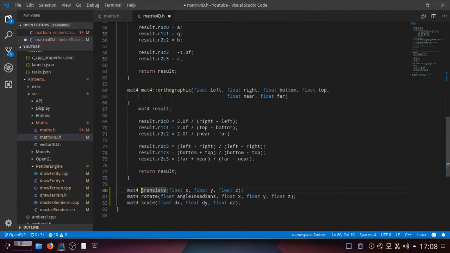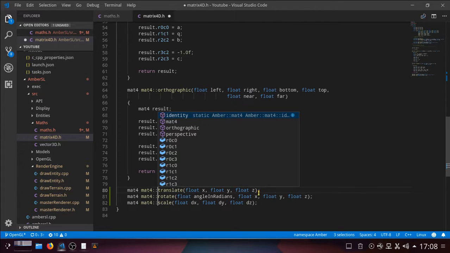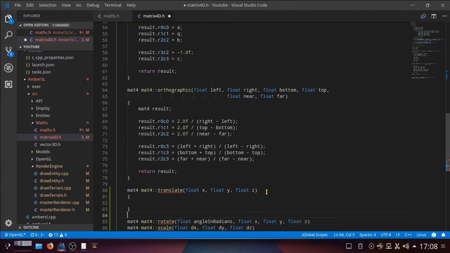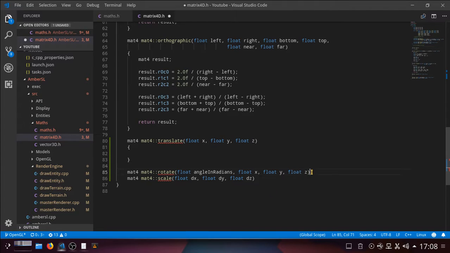And I will do it again. Shift, Alt, drag. And that will be a Mat4 colon colon translate. Okay, take that off. Take that off. Take that off. Brackets. Brackets.